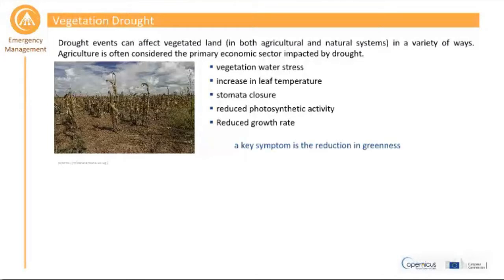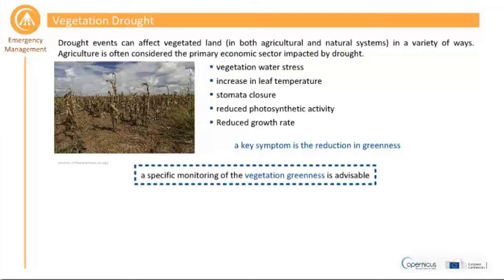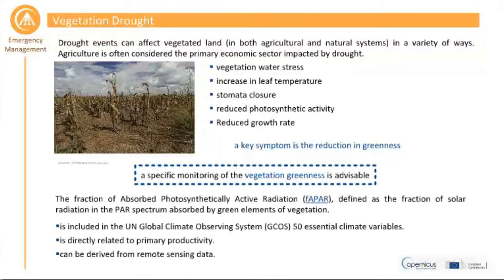But all these effects on vegetation have in common the fact that they reduce the greenness of the vegetation. This is the reason why, in a drought monitoring system, we consider it interesting and valuable to have a vegetation greenness indicator to monitor the evolution and the effect of drought on vegetation.